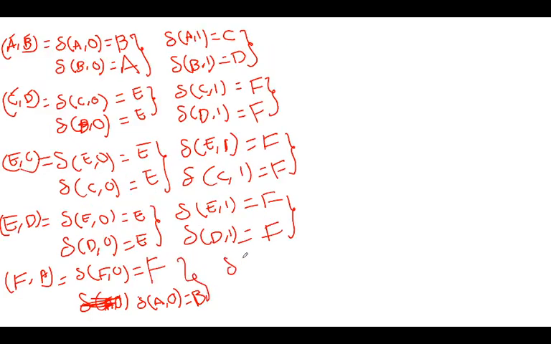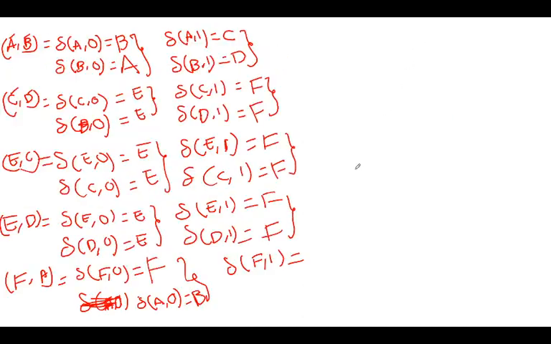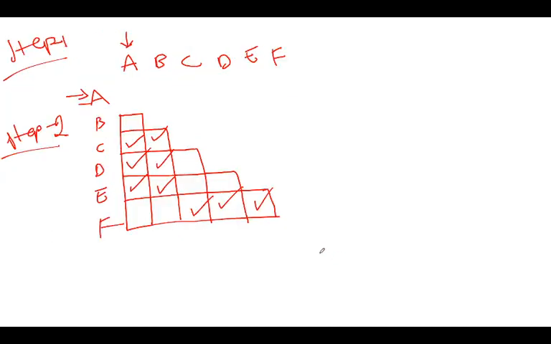Then F of 1: F taking input 1 will be in the same state only. Transition of A comma 1, I already wrote it here, A comma 1 is C. Now F of C is marked.